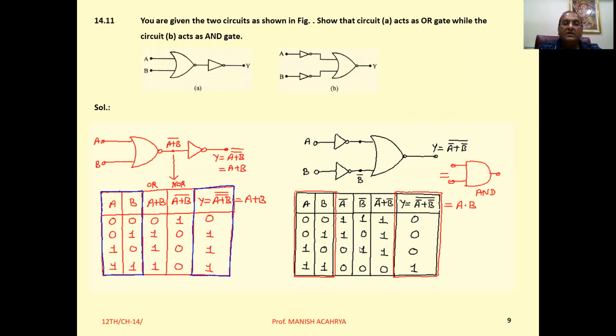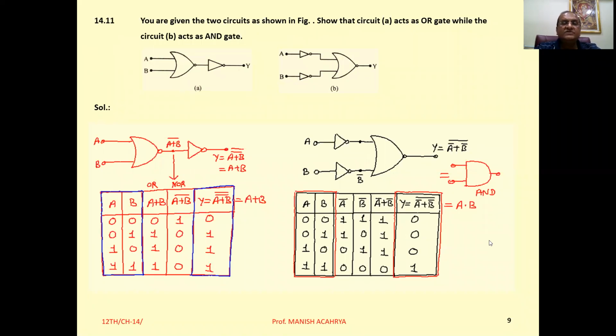Now forget about this intermediate step. Think about only input and final output. So now 0 0 0, 0 1 0, 1 0 0, 1 1 1. So see the working. If all the inputs are present, then and only then we are getting output.